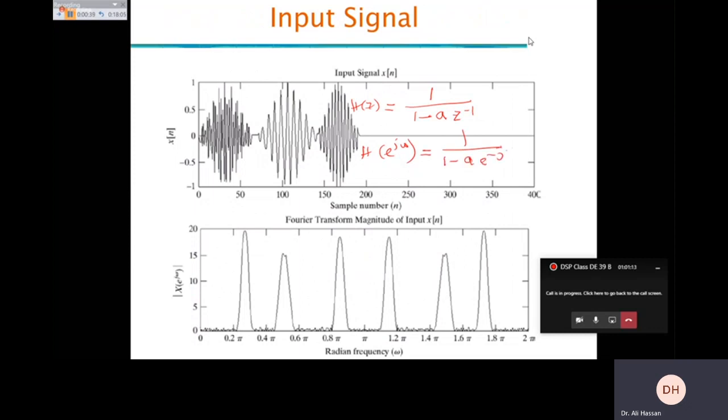Now you compute its phase and its magnitude. It is not very trivial to find the magnitude and the phase of this frequency response. Why? Because now there is this ugly exponential minus j omega appearing in the denominator.